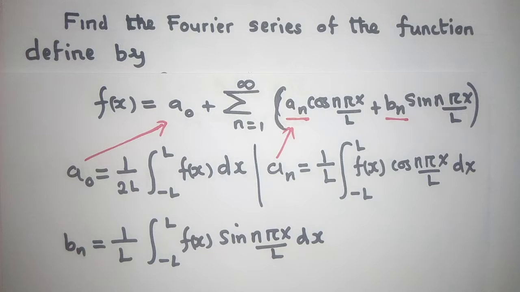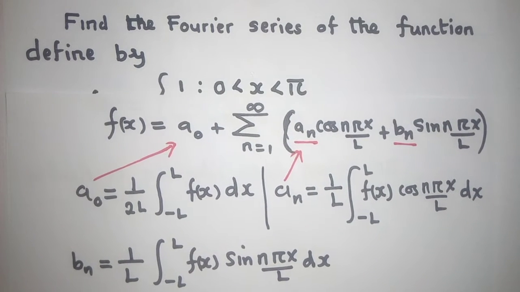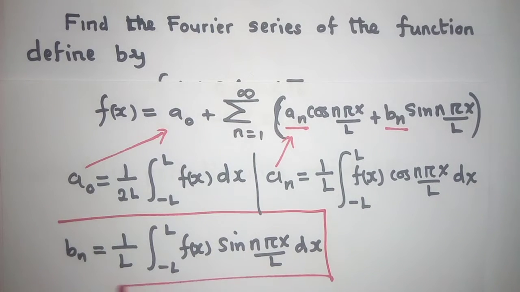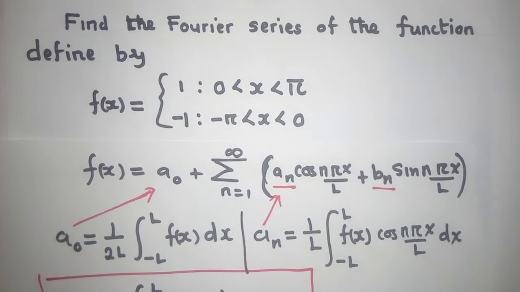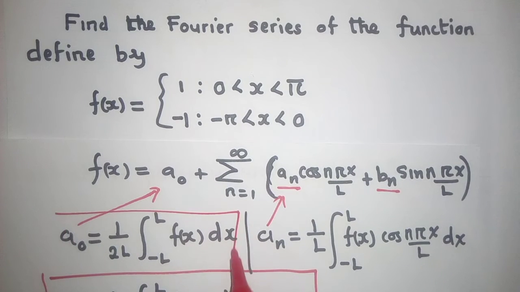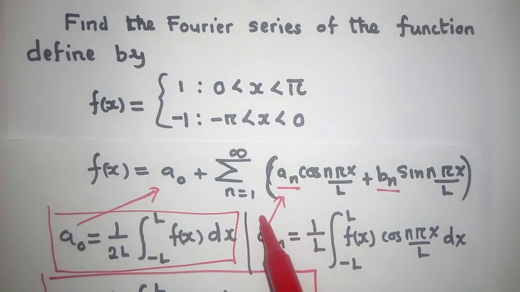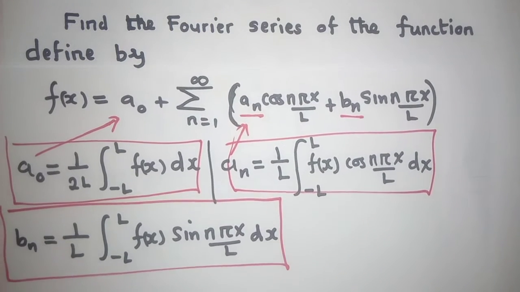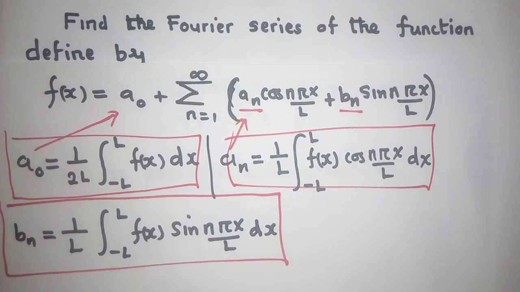So these are the formulas we must know. Okay, we must know these formulas by heart. There is this one, there is this one right here, and this one. So these formulas must be known by heart.